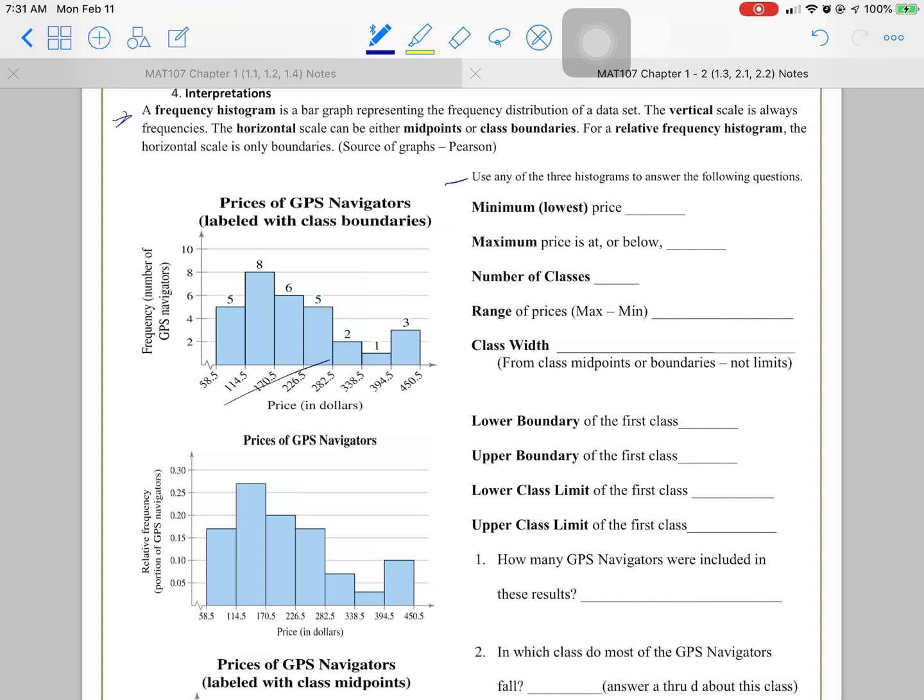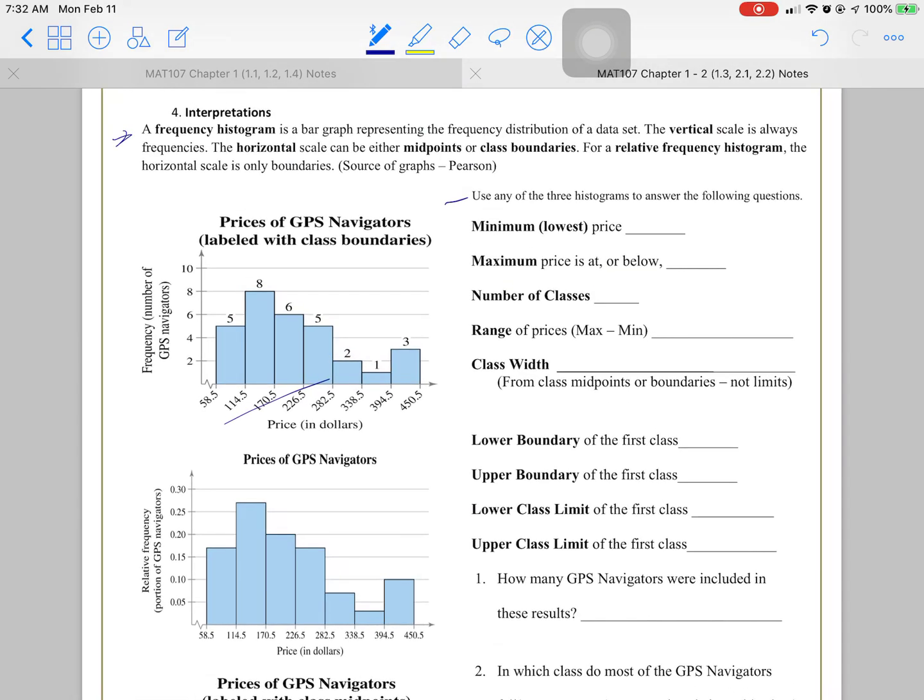Well, by definition, the lowest one is a half a point above the lowest boundary. So if the lowest boundary is 58.5, that means the minimum price was 59. It's just above that, okay?